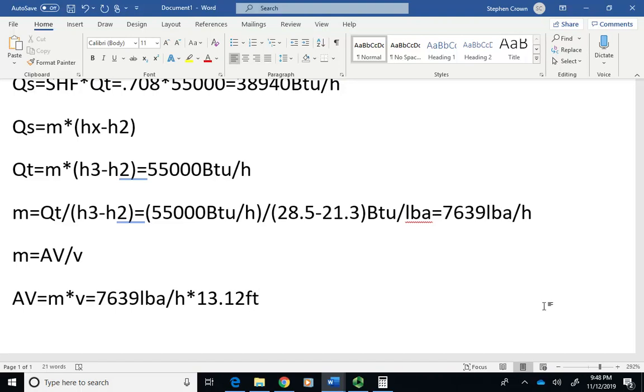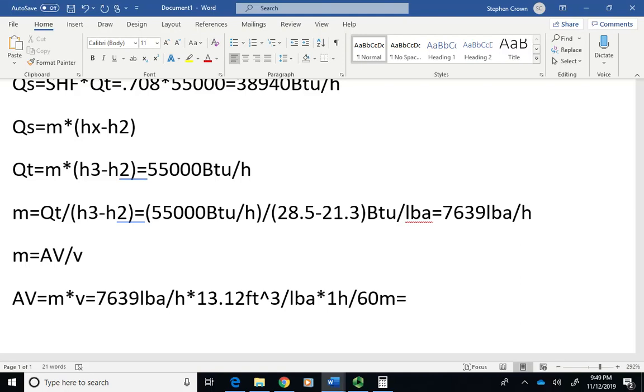So pound air cancels and I get cubic feet per hour, but I want cubic feet per minute, so times 1 hour divided by 60 minutes. So now we'll have cubic feet per minute.